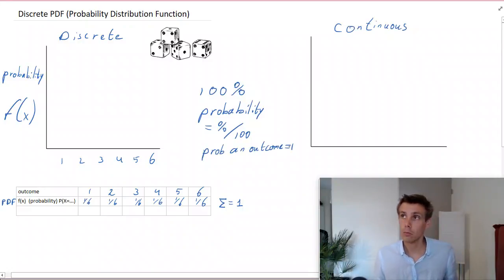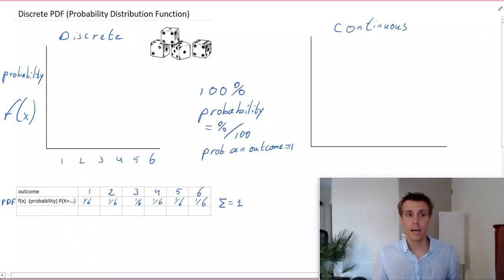So if you throw up a coin, you can have tail or you can have head. The probability that you have tail is 50%, or denoted by probability, the percentage chance is 50%, and if you divide it by 100, the probability is 0.5 for tail and 0.5 for head, so together they are 1.